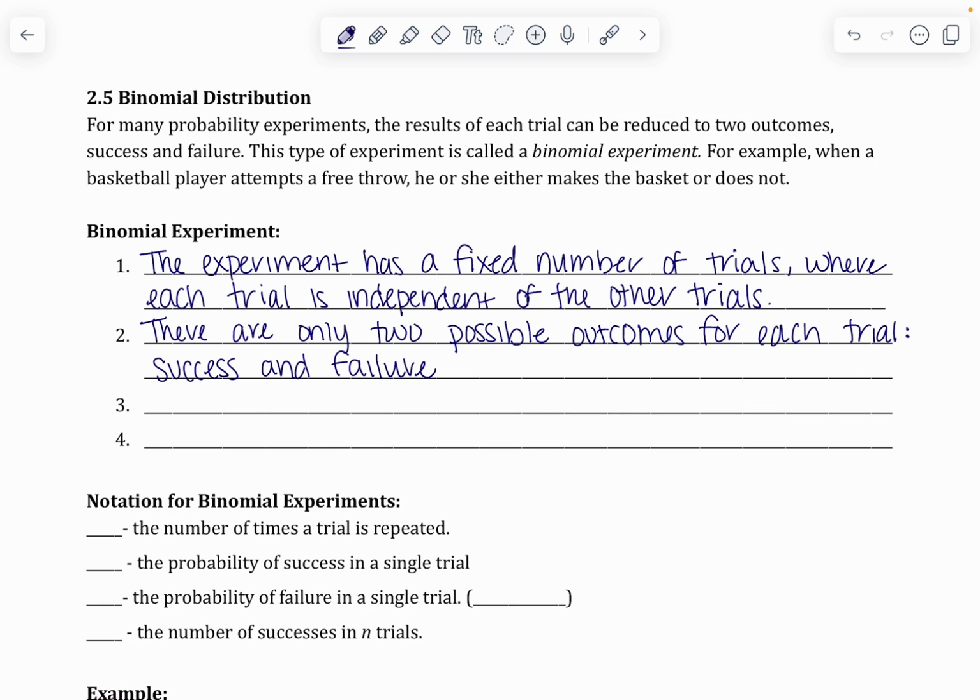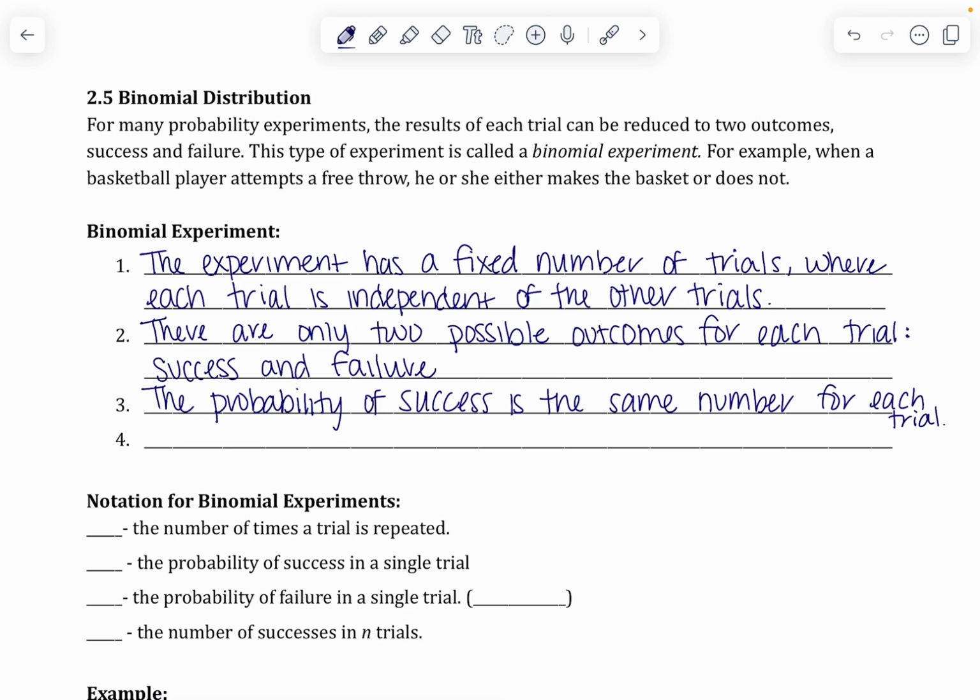Okay. Our third characteristic is that the probability of success is the same number for each trial, which should hold true with the fact that we have independent trials.